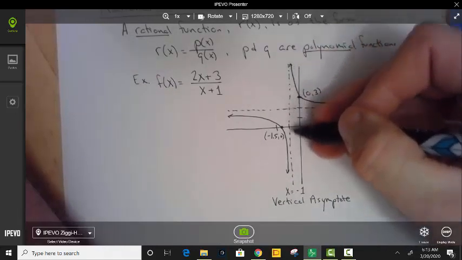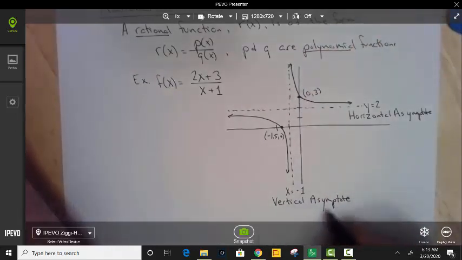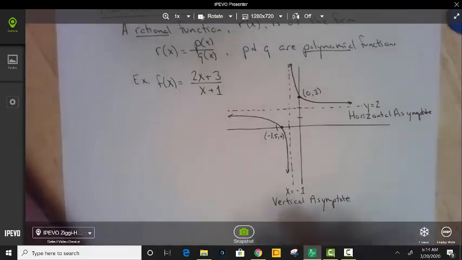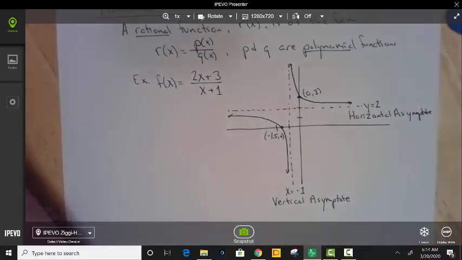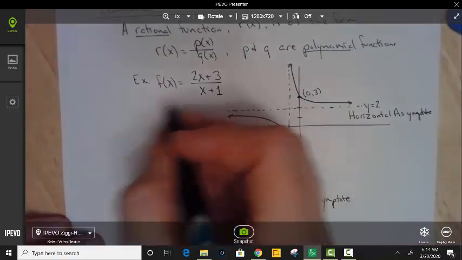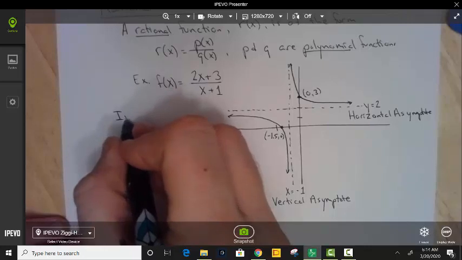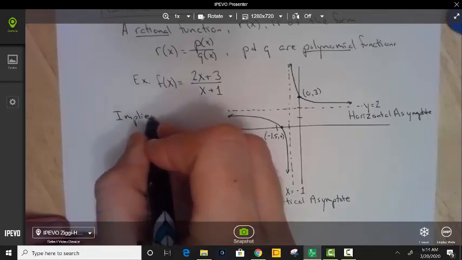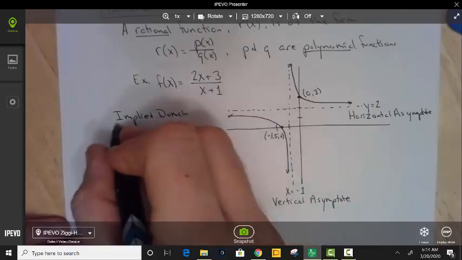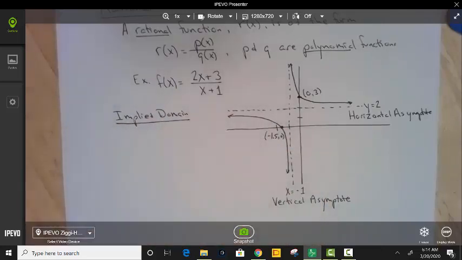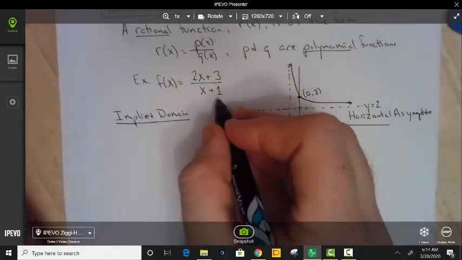At x equals -1, we have what's called a vertical asymptote. And so it never gets to -1. The function does not exist there, which we should know because of the function's implied domain. If you remember going back to implied domain, when we had division by zero or square roots of negatives, there were excluded values in the domain.